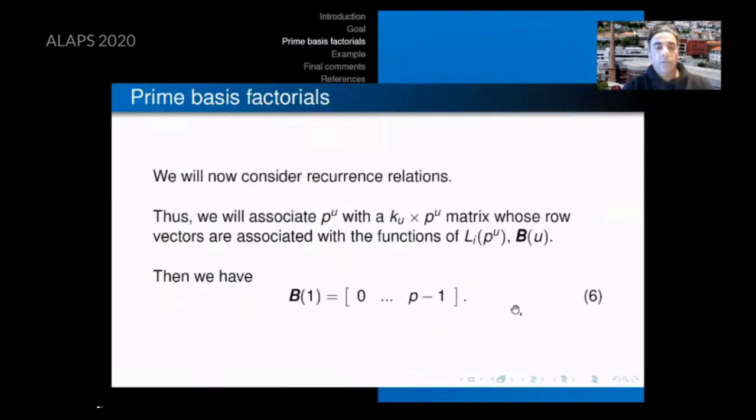We'll now consider recurrence relations. We associate PU with a KU times PU matrix whose row vectors are associated with the functions of LIPU. Let's say that it's BU. So B1 will be this function.